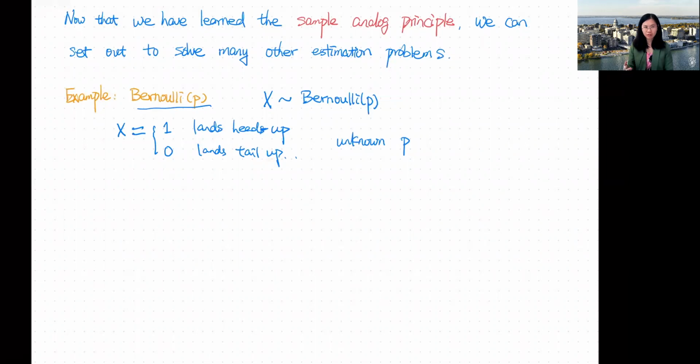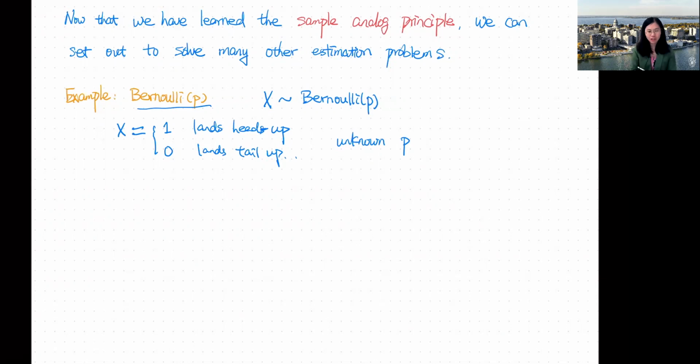So you want to know the p. What you're going to do is to first collect a data set. The way to collect the data set is to toss the coin and record whether it is head up or tail up. So you toss the coin and record the value of X. You toss it a second time, record the second realization of X, and so on and so forth.